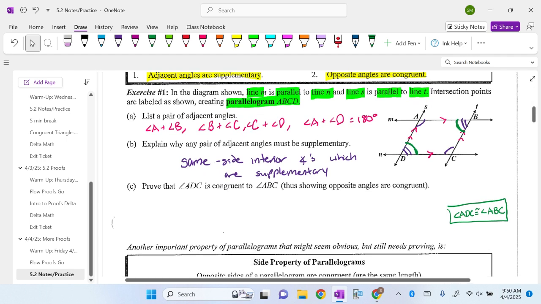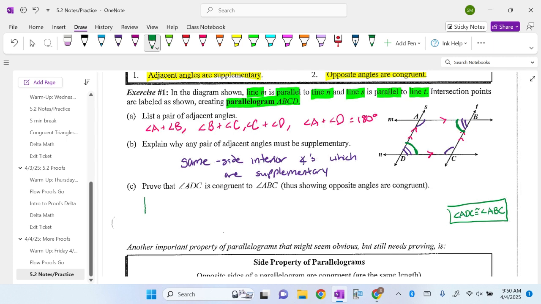And those would be that line M is parallel to line N and line S is parallel to line T. And our reason for that is it's what? It was given to us, right? That's what they told us up here, that these lines were parallel to each other. So our reason is that it's given.